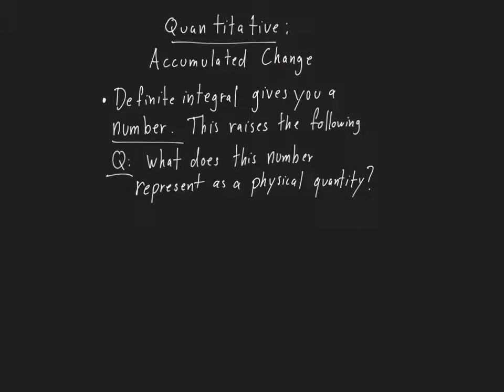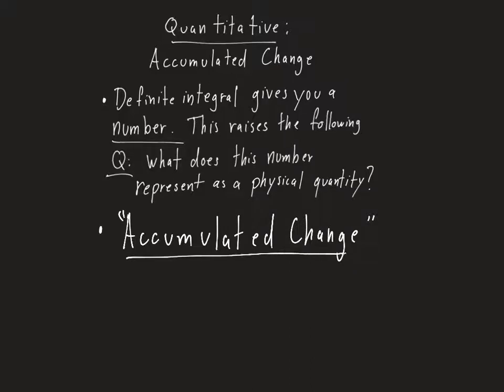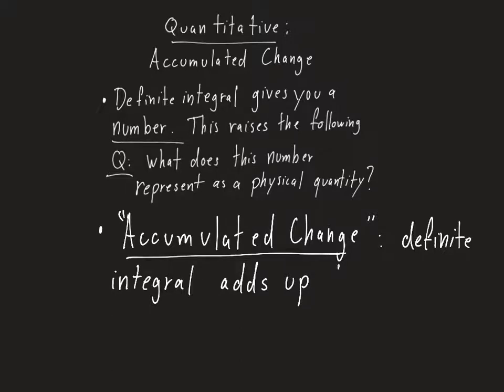And so when I say accumulated change, what this means really is that the definite integral, and I'm going to use the word adds, or adds up, the values of a function.